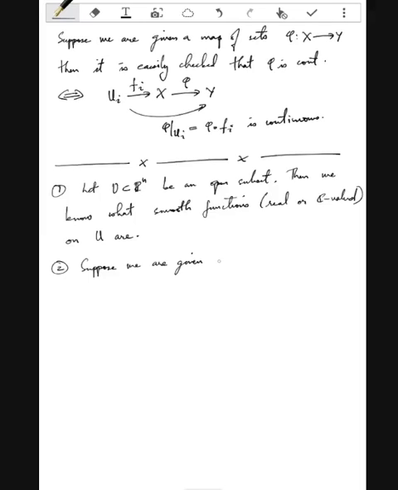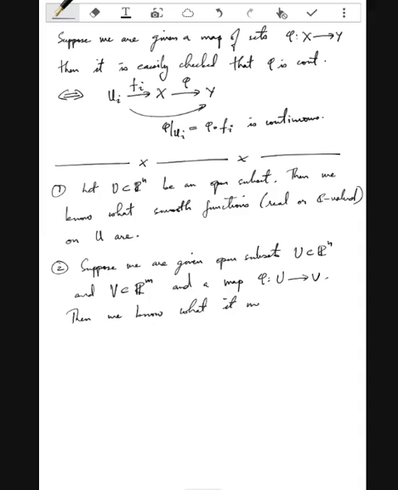Two, suppose we are given open subsets U contained in R^n and V contained in R^m, and a map phi from U to V. Then we know what it means for phi to be smooth.